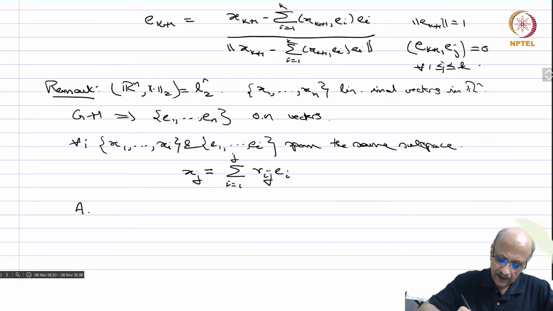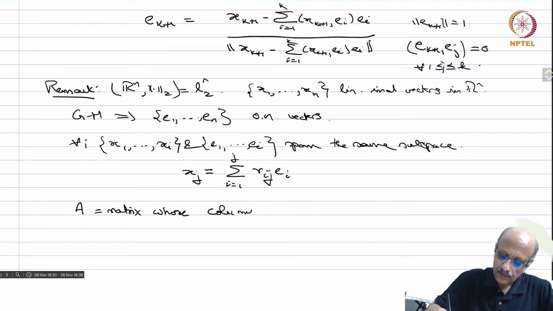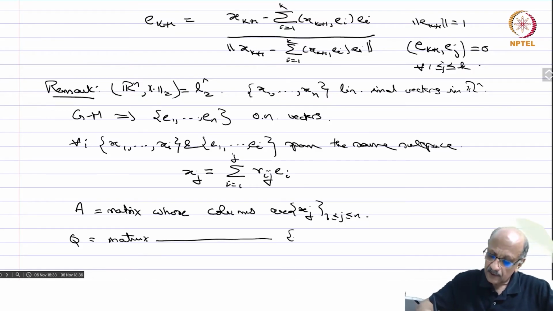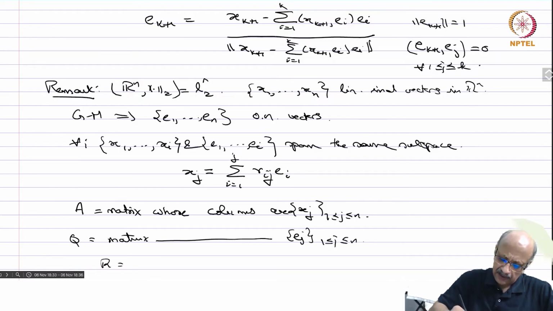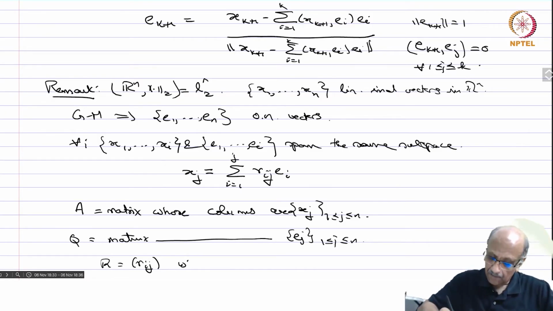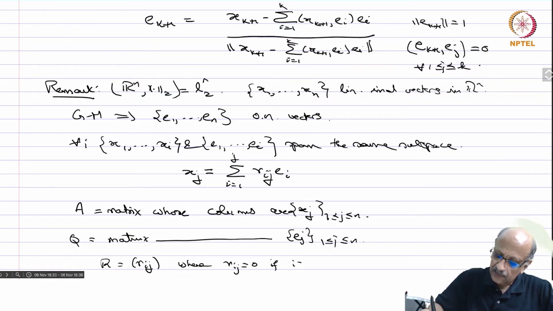Now let A be the matrix whose columns are xj, Q be the matrix whose columns are Ej, and R be the matrix Rij, where you put Rij equal to 0 if i is bigger than j.